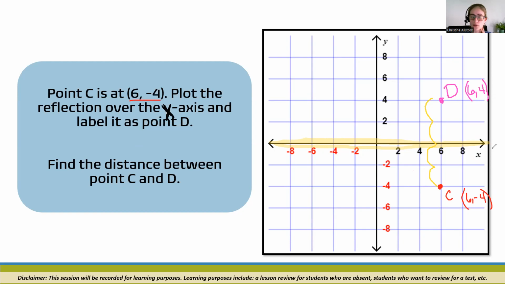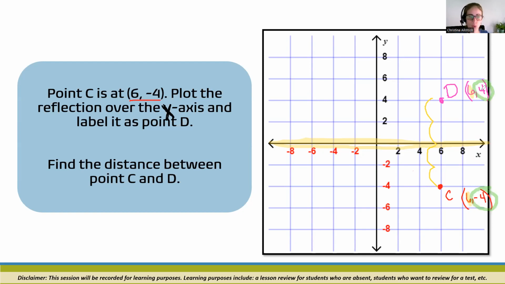What do you notice about the pattern there? Well, when it's reflected across the y-axis, the y stays the same. But when we reflect it across the x-axis, what stays the same this time? Yeah, the x stayed the same, but our y became the opposite.